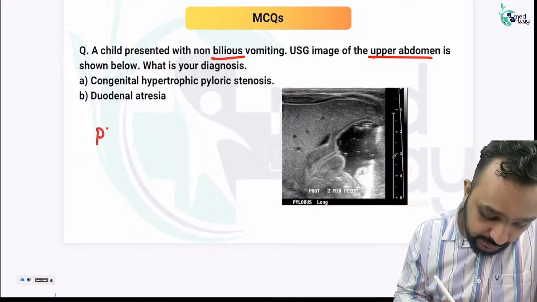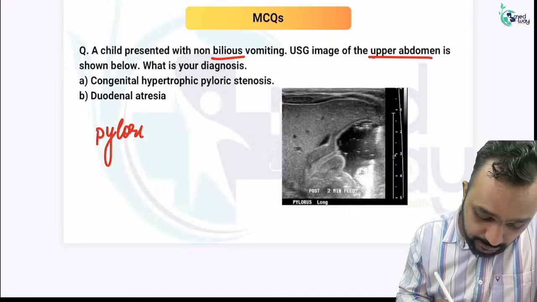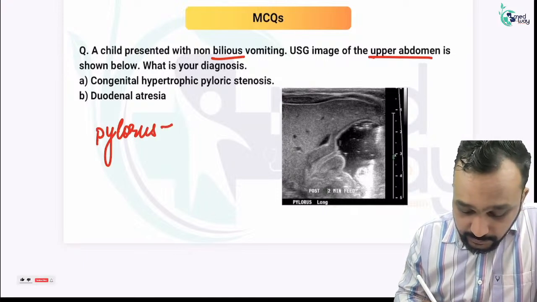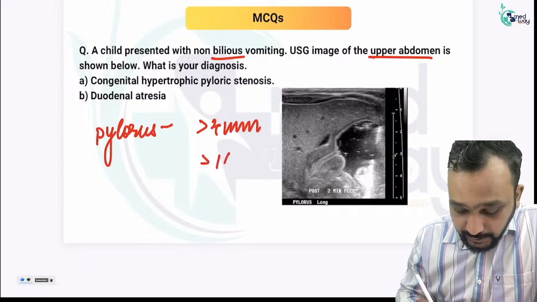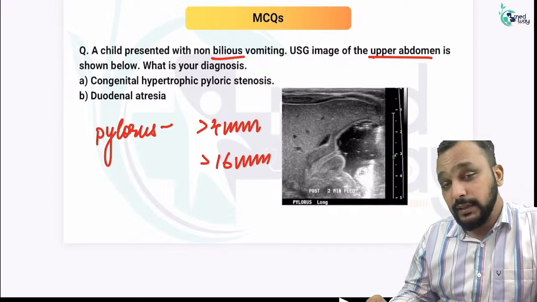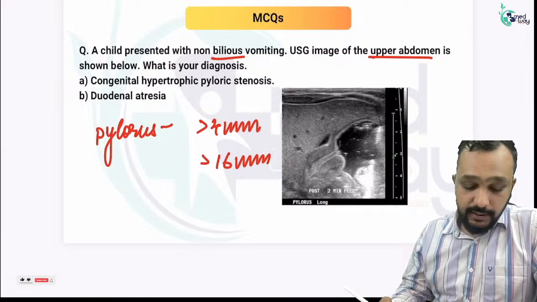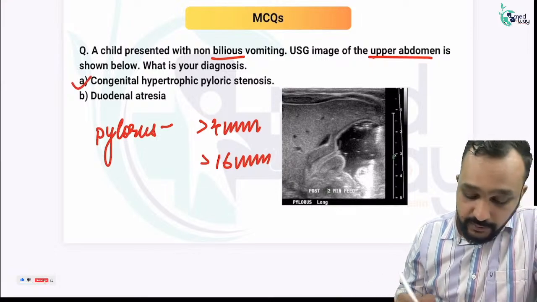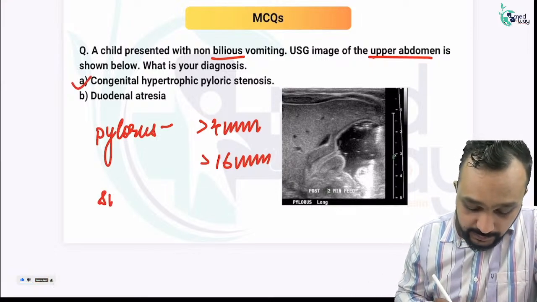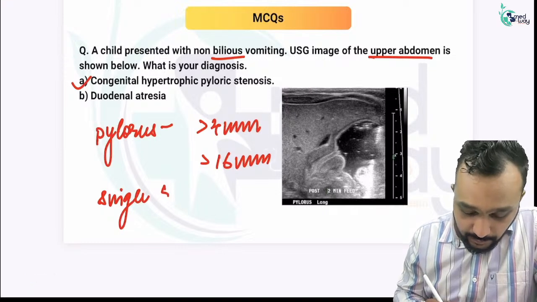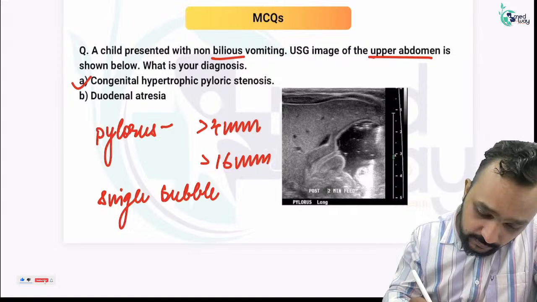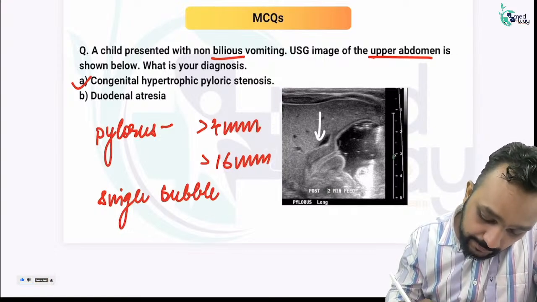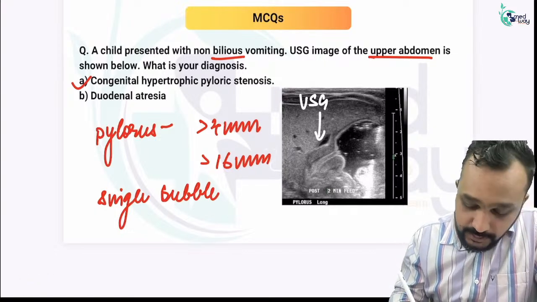What you can see is that there is thickening of the pylorus by more than 4 mm, extending for a length of more than 6 mm, right? Paradoxical aciduria can be given to you in the question. The X-ray shows a single bubble sign, right? So all these are typical findings of congenital hypertrophic pyloric stenosis.